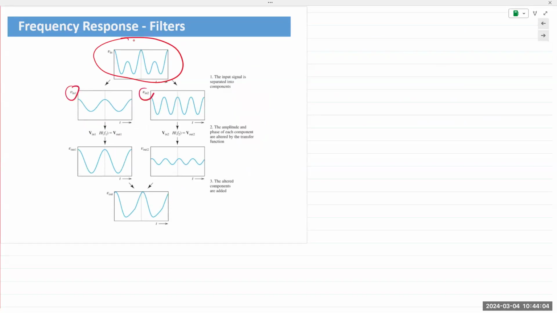Vin1 and Vin2: Vin1 is being enlarged and Vin2 is being diminished. So Vin1 increases, Vin2 decreases. So Vout1 is larger and Vout2 is smaller. And then it combines both together at the output and sends it to the output.